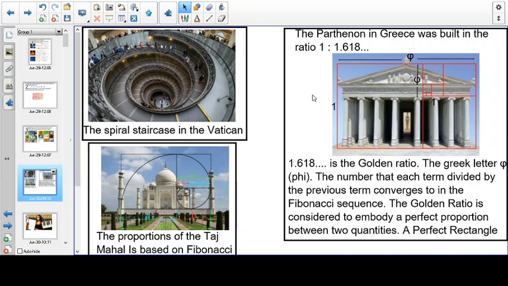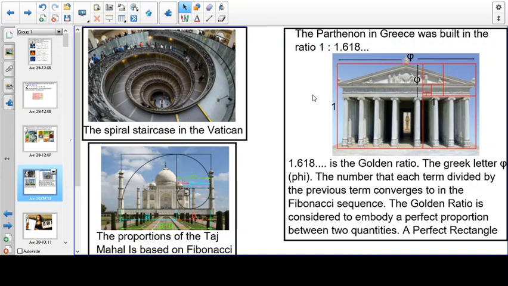And shapes that are in the ratio of 1 to 1.618, so rectangles, are known as the perfect rectangle. It's considered to embody a perfect proportion between two quantities, and this has been known about for thousands of years.